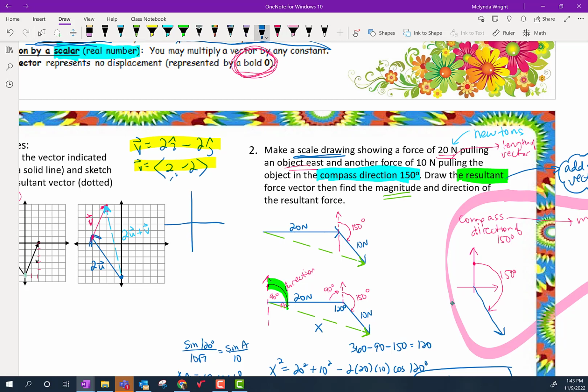This is my x direction, this is my y direction. Basically, to draw the vector, if you do it in standard form, which you should, starting at the origin, you just go to x 2, y negative 2, and you draw your terminal point, and that's your vector. That's the vector 2, negative 2.